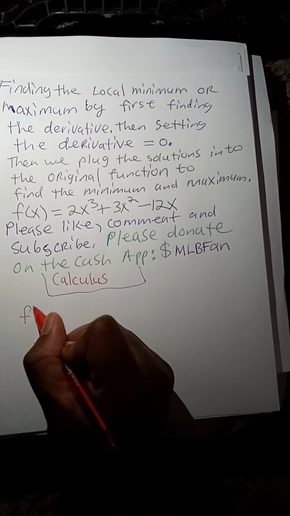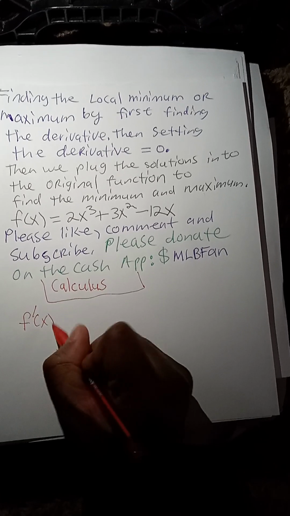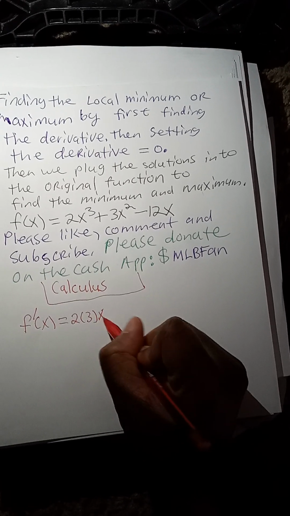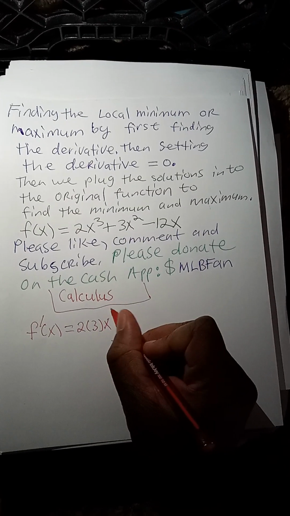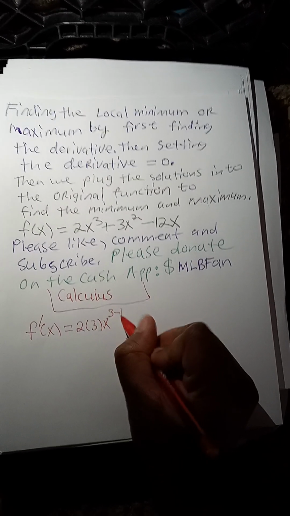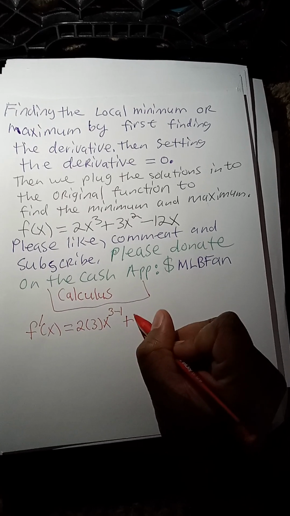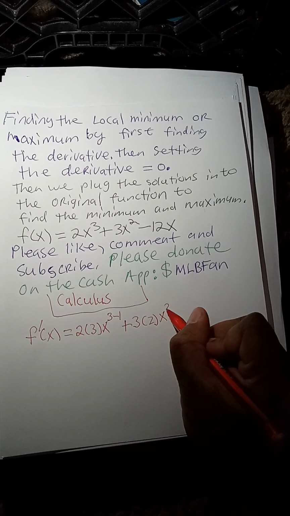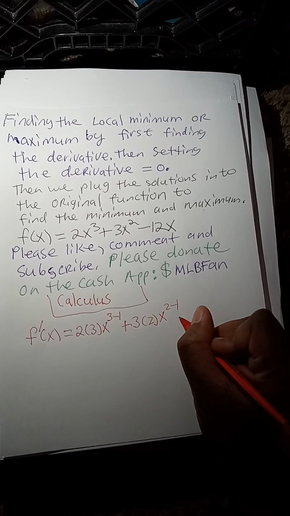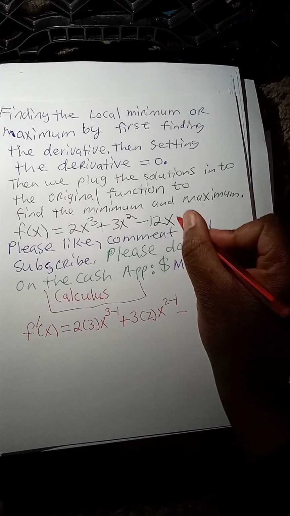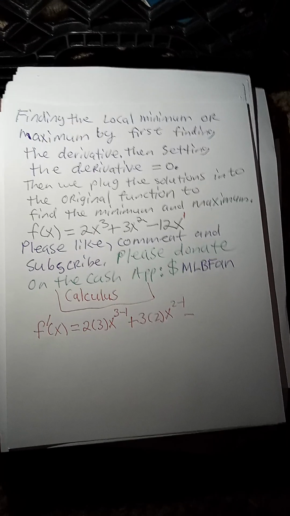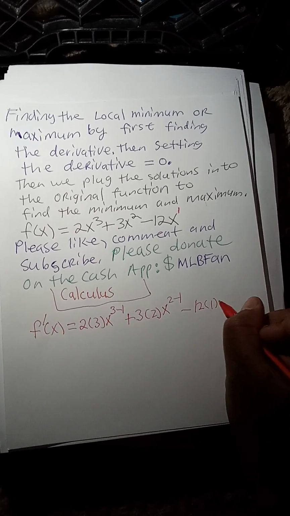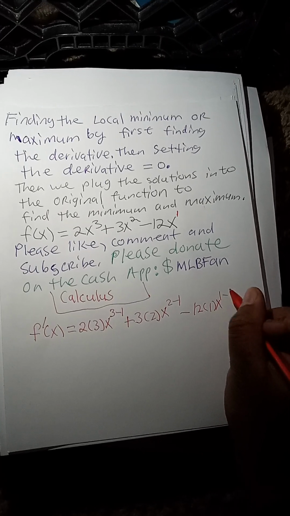So f prime of x is equal to 2 times 3x to the 3 minus 1 plus 3 times 2x to the 2 minus 1 minus, let's put a power of 1 above that x there, so 12 times 1 x to the 1 minus 1.